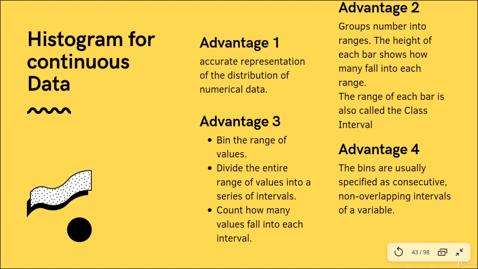That is what the logic of a bin is all about. These intervals should be non-overlapping in nature, because if they overlap, then the distribution will not be clear. It would be messy, it would be hazy. So that is the benefit that a histogram offers if you want to go for the distribution of data visualization.